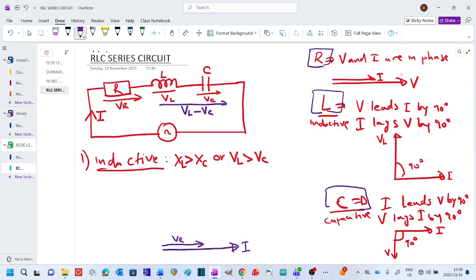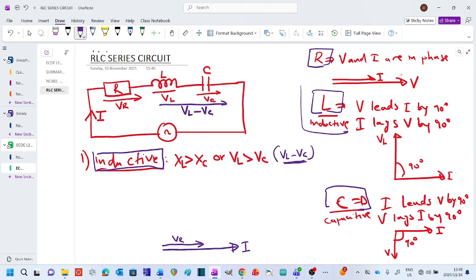Now, instead of checking the behavior of VL or VC versus the current, we're going to check the behavior of VL minus VC. Why? Because we are dealing with an inductive circuit, so our vector is called VL minus VC. It says that the voltage, VL minus VC, leads the current by 90 degrees.